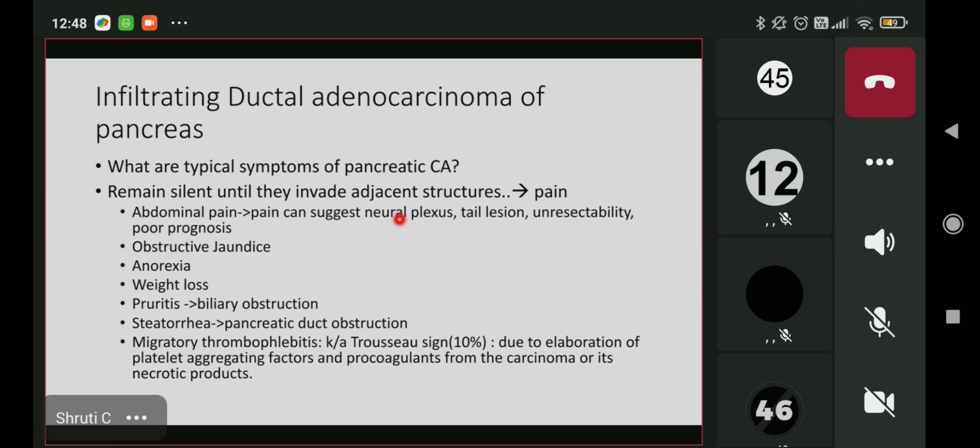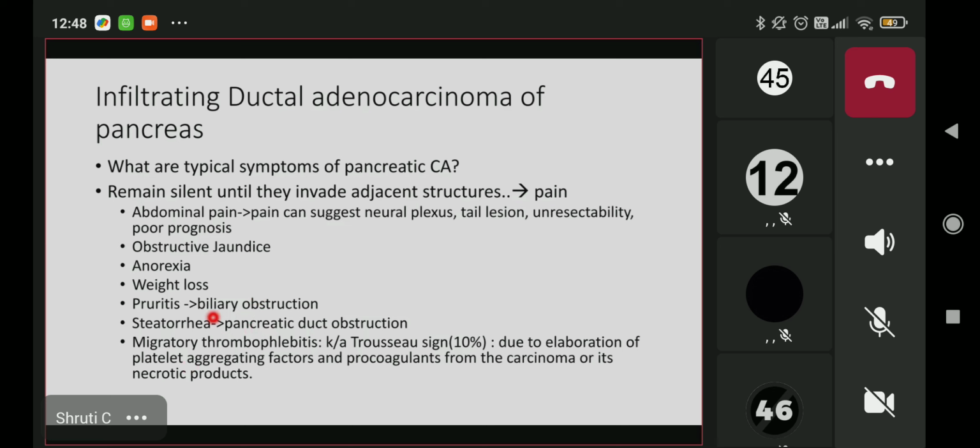Abdominal pain can suggest neural plexus involvement, or it indicates unresectability of the tumor and poor prognosis. Obstructive jaundice, obviously, when it impinges on the bile duct. Anorexia and weight loss are associated with all malignancies. Pruritus is again a feature of biliary obstruction. Steatorrhea occurs when the pancreatic duct is obstructed.